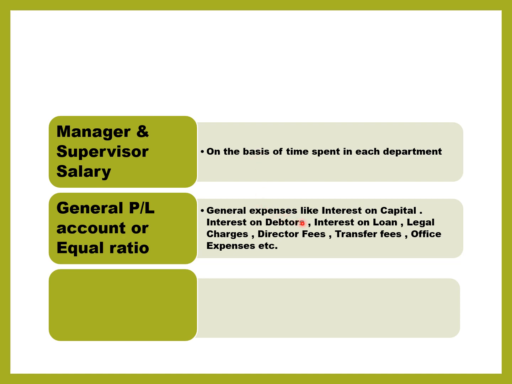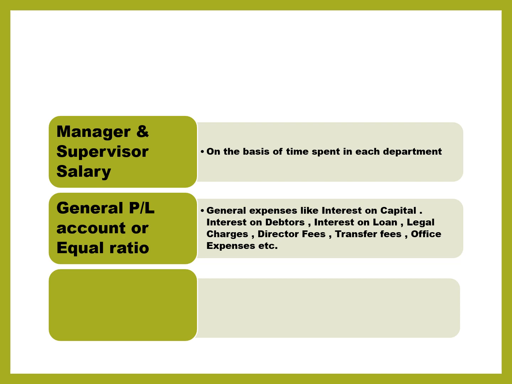Next, general expenses like interest on capital, interest on debtors, interest on loan, legal charges, director fees, transfer fees, office expenses, all this should be distributed either equally, if not, take it to general PL. But generally you are supposed to take all these items to general PL account.